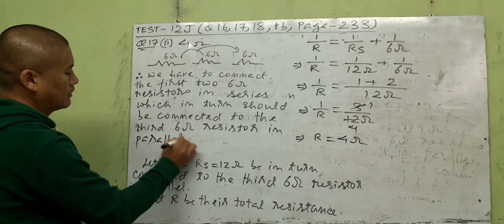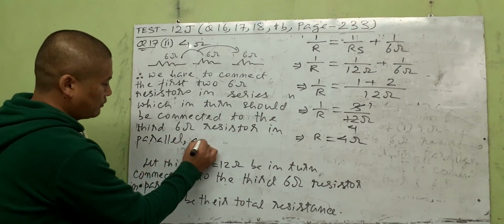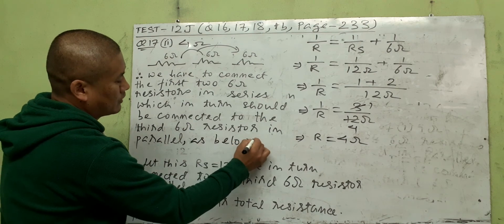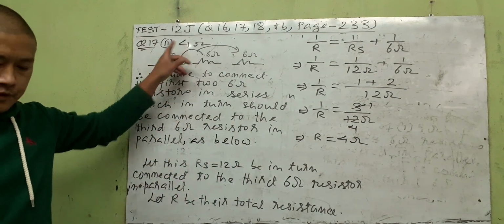Only then we'll get a total of 4 ohms. Below, we'll show a diagram also.